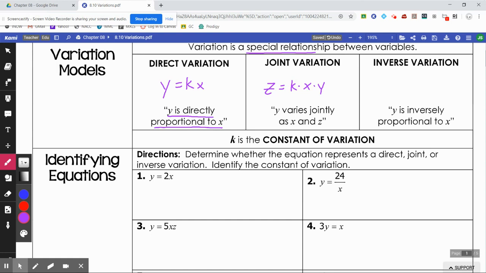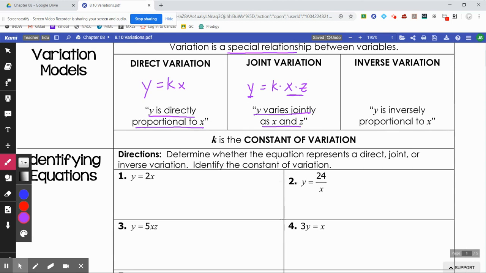In this one, I actually should have flopped those around so that it matches. It says y varies jointly as x and z. So y varies as x and z changes. So this would be a joint variation, or sometimes we might just say y is jointly proportional or something to that effect. It means the same thing.